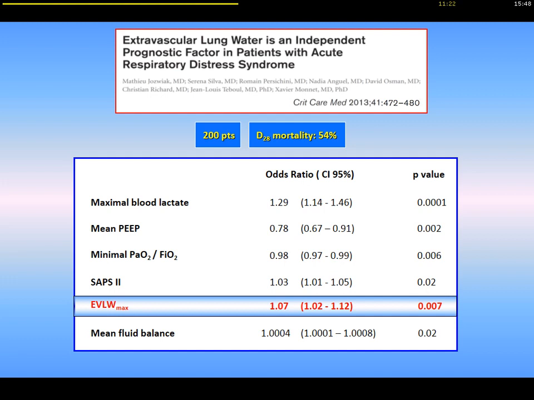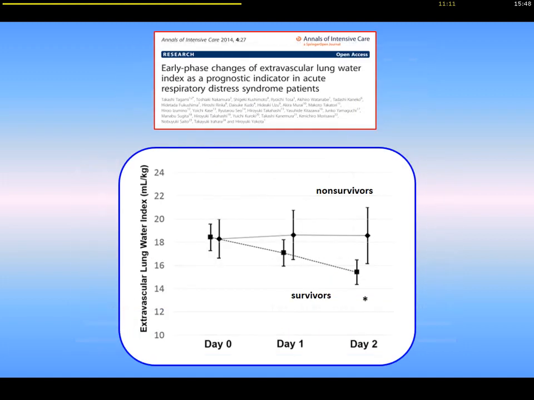And this, in spite of the theory, which is that there is a poor distribution of the indicator in the lungs, in non-homogeneous lungs. And also, this was confirmed by others. This is, again, a study from Japan, showing that extravascular lung water over time can decrease in survivors and be unchanged in non-survivors.